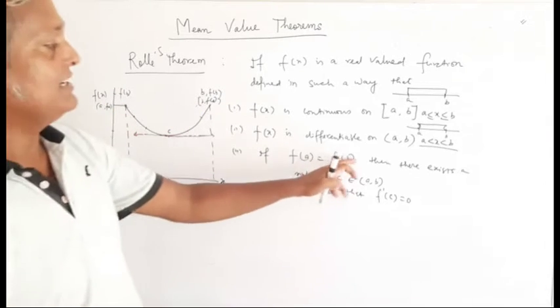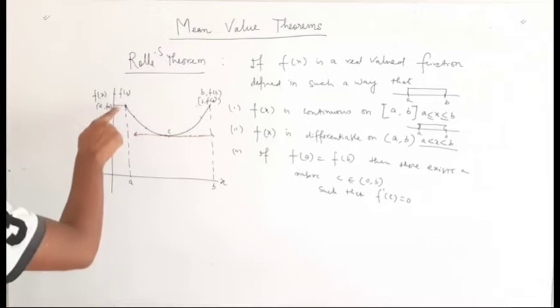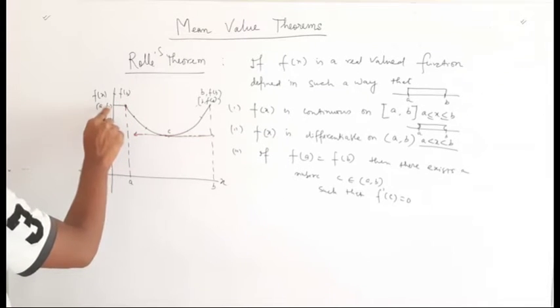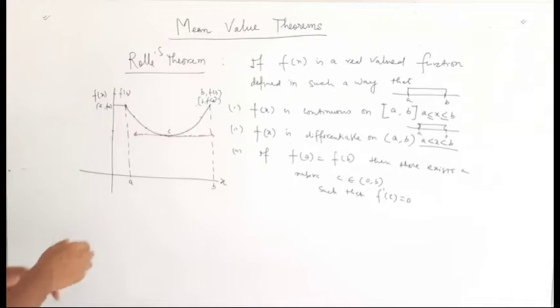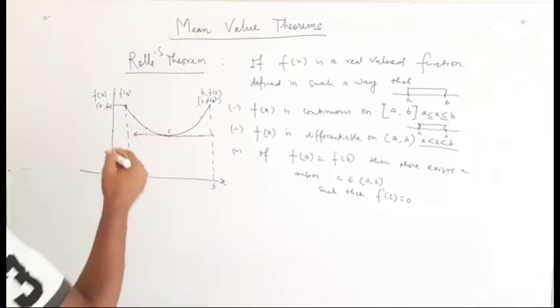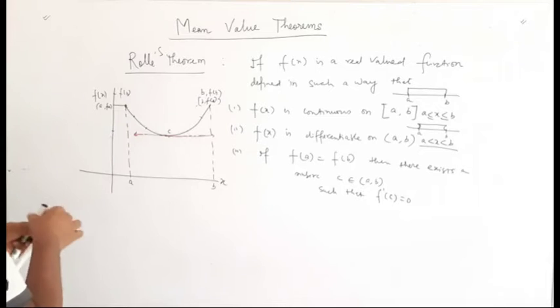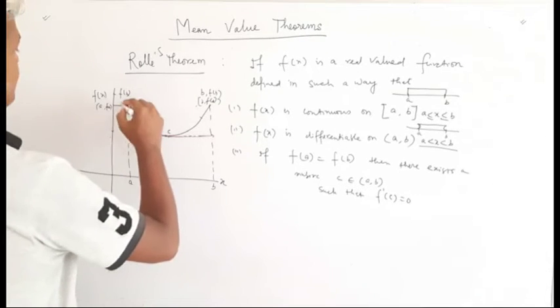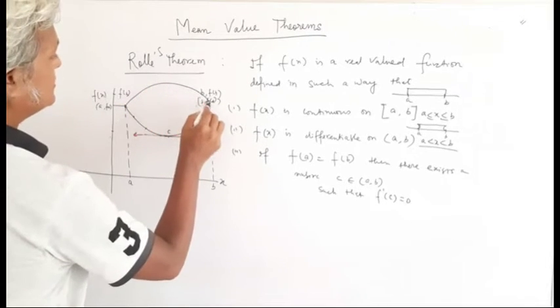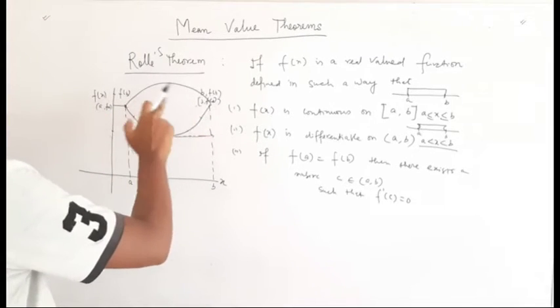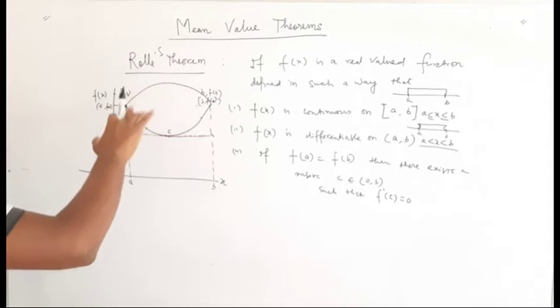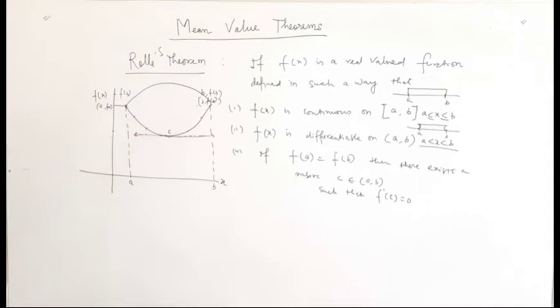And third, f(a) is equal to f(b), meaning this top point f(a) and f(b) should be the same. Another condition is also possible, like suppose we have another path, it goes like this. Again it is continuous, it is differentiable, and at each and every point the differentiation is there.